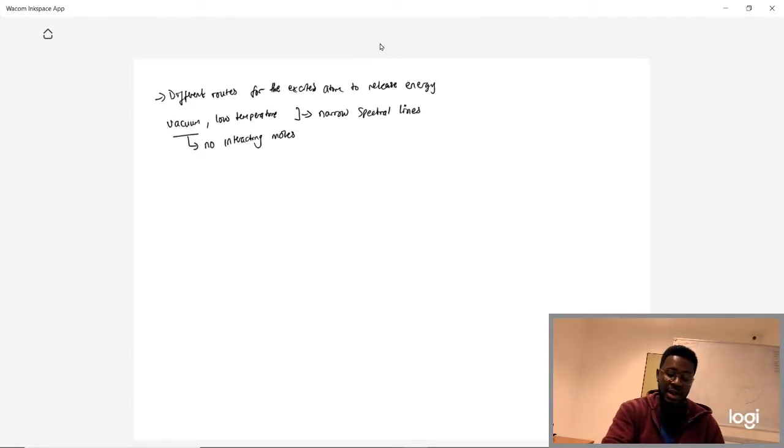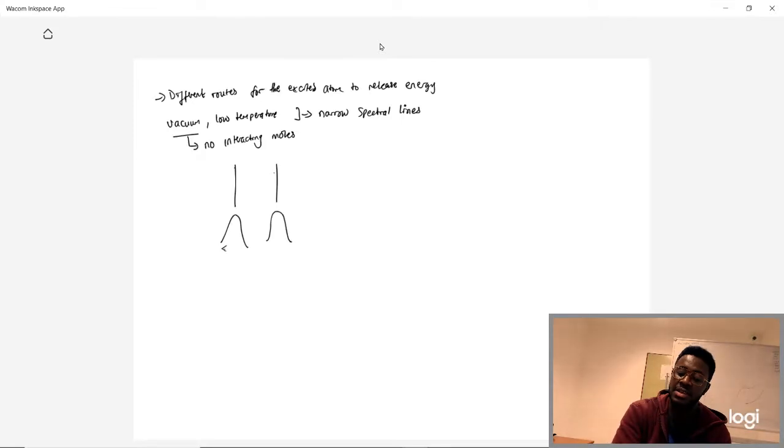But when you have interactions with other molecules, for example, the interaction of a particular hydrogen atom with a solvent or with some other molecules, it is going to cause a widening of your spectral lines. So instead of seeing a single line, you're going to have bits.